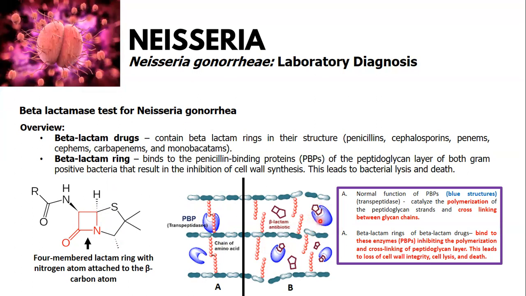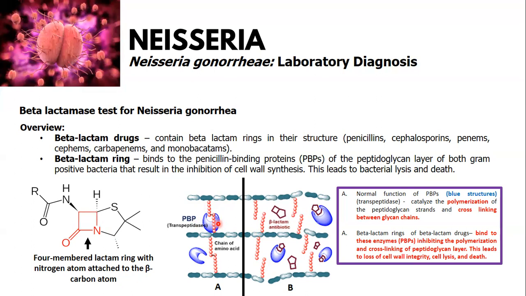And this binding inhibits the function of PBPs, which is to polymerize and cross-link peptidoglycan layers. And when there is failure of the PBPs to cross-link and polymerize peptidoglycan layers, then cell wall synthesis would be halted or inhibited, and this results in bacterial lysis and death.